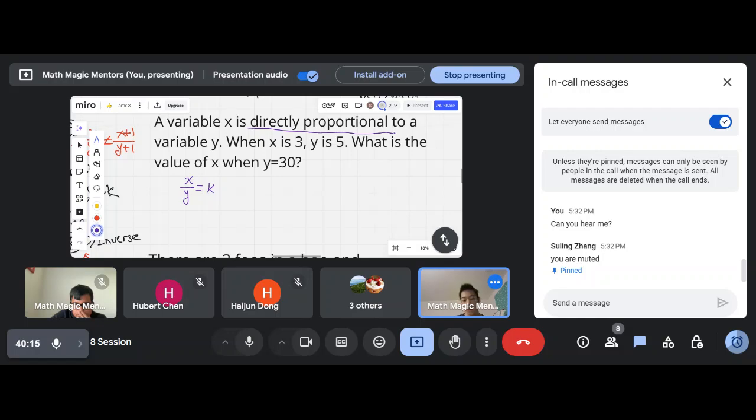And so we can proceed by using the information about the values that they give us in the problem. They give us the fact that when x is 3, y equals 5. How are we going to use that to find the value of x when y equals 30? Well, remember the crucial fact that when two variables are directly proportional or even inversely proportional, they're going to divide or multiply to the same number.